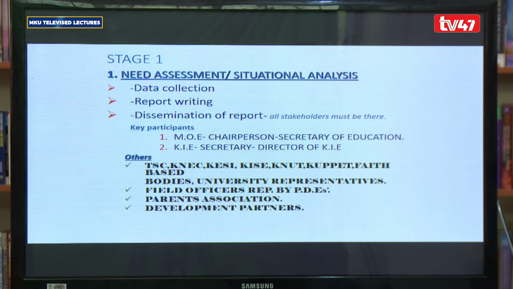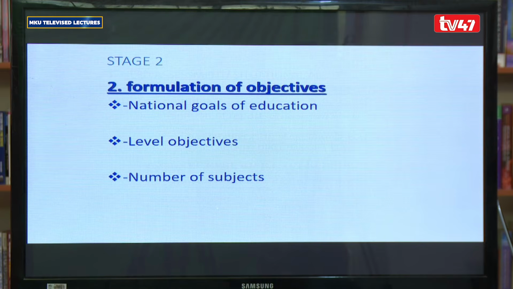And the key participants in this case will be the Ministry of Education and the KICD Secretary. Now from there, they will give to other stakeholders such as the Teachers Service Commission. We also have the university representatives, we have the field officers, we have the Parents Association, among other stakeholders.